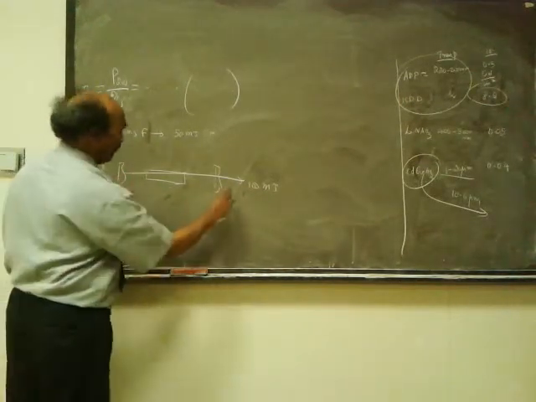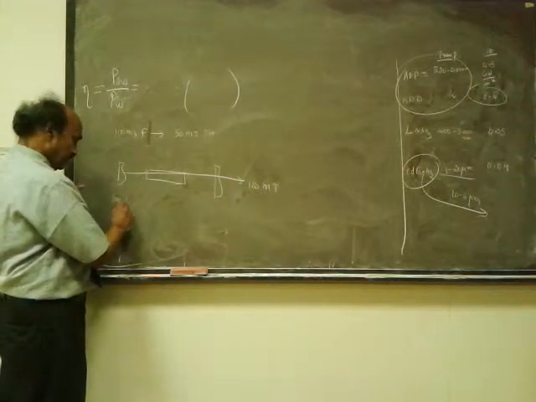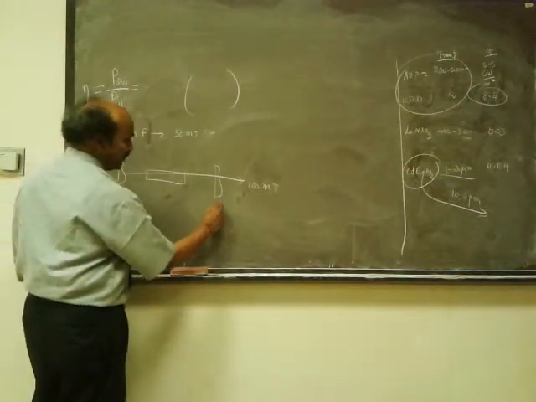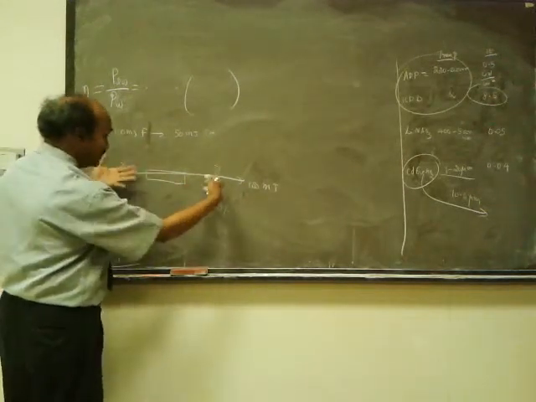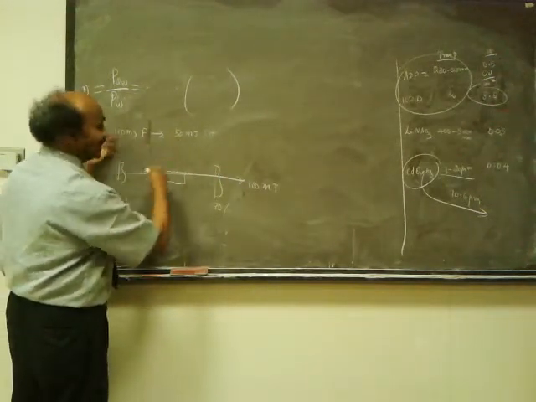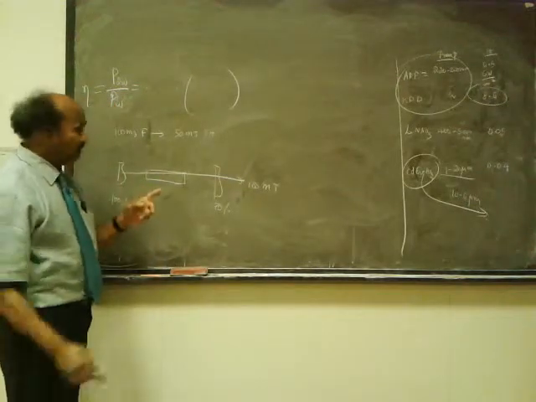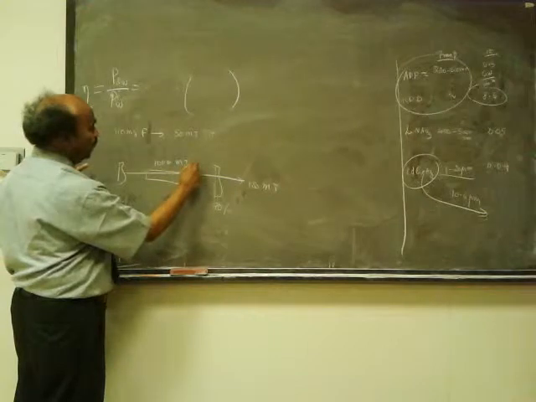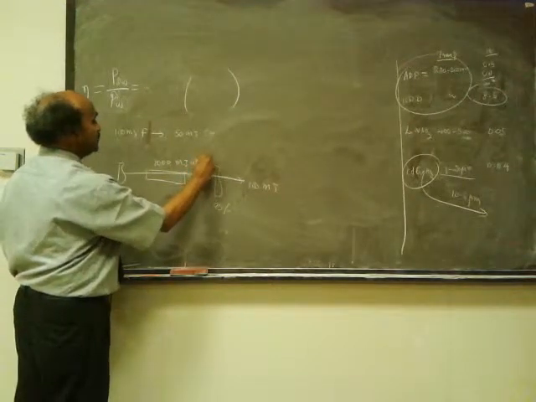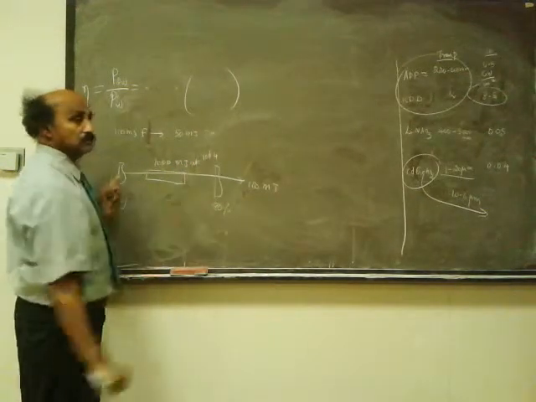Look at it. One should be a 100% mirror. This should be, let us say, 90% mirror. That means only 10% of the power existing inside is coming out. That means what is inside is, look at it, 100 millijoule at 1064. That's the meaning of this one.